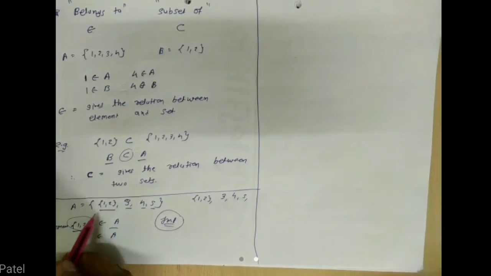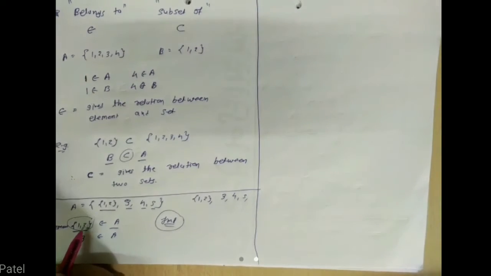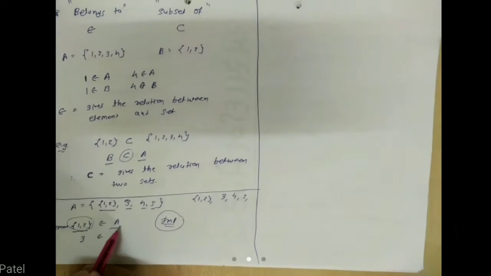Here {1, 2} looks like a set, but it is the element of set A, and that's why we are representing this element belongs to set A. So this gives the relation between element and set A. This one is one element which is the set. एलिमेंट वो सेट के फॉर्म में है, अदरवाइज वो तो हमारा एलिमेंट ही है, एंड दैट्स व्हाई वी यूज बिलोंग्स टू साइन.